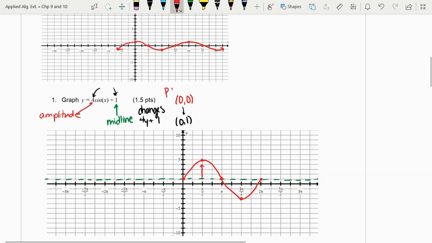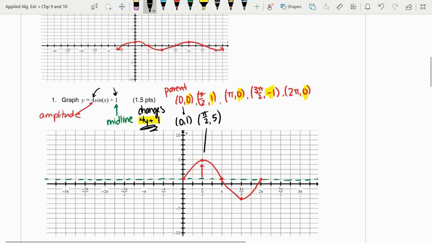Or take all the parent points. So I'll write them out again. And you're going to apply this change to all the y's. So if I do that, all my points should match up. We should have pi over 2, and I do this guy. 4y would be 4, plus 1 is 5, and that's where my point is on the graph right there.